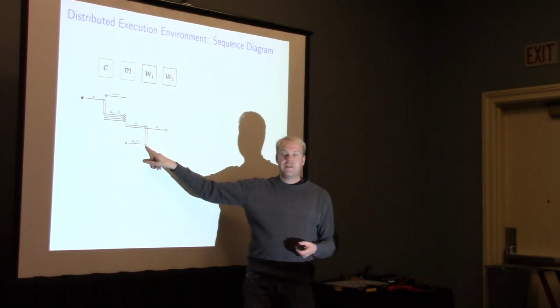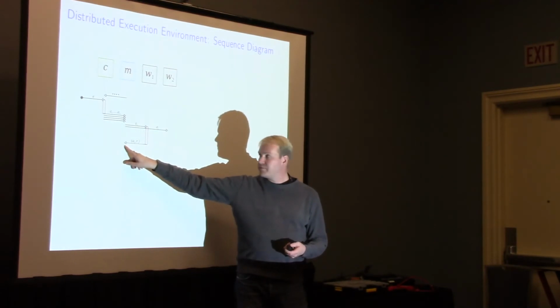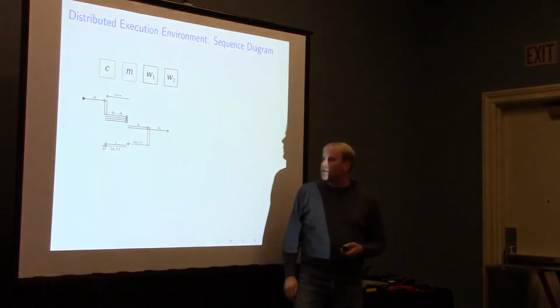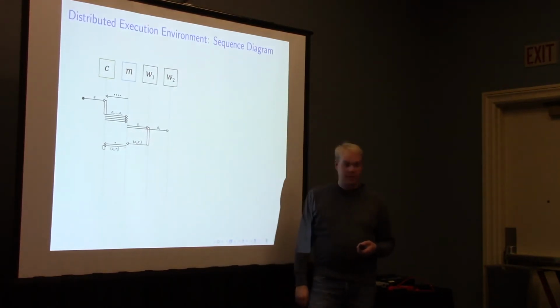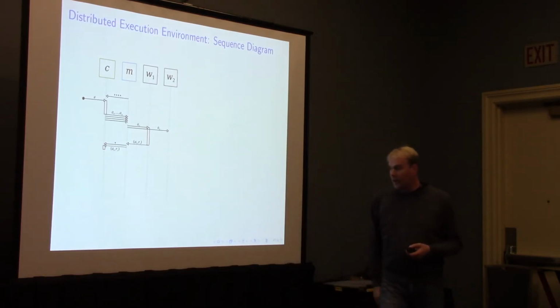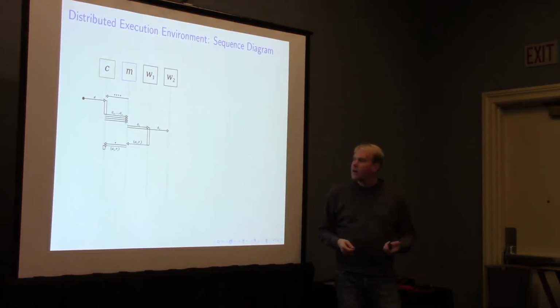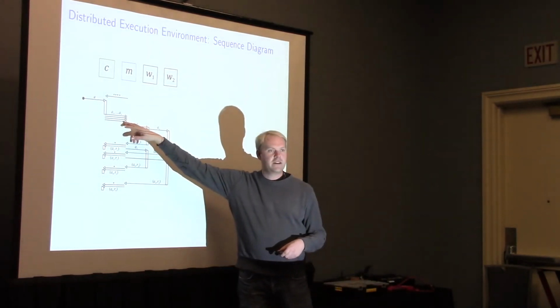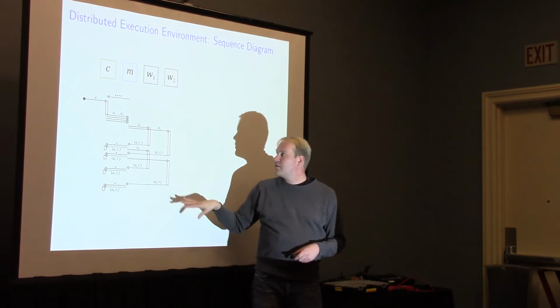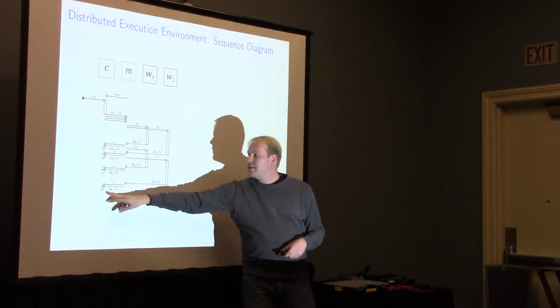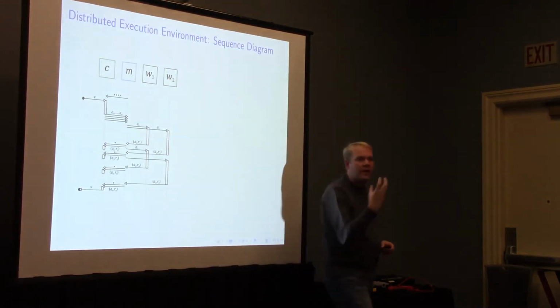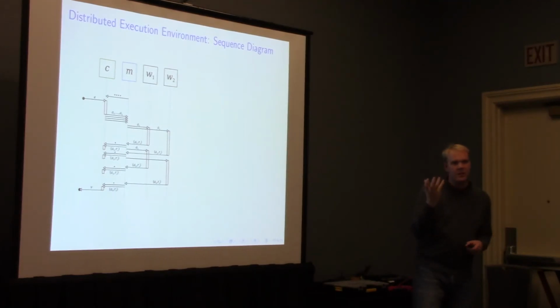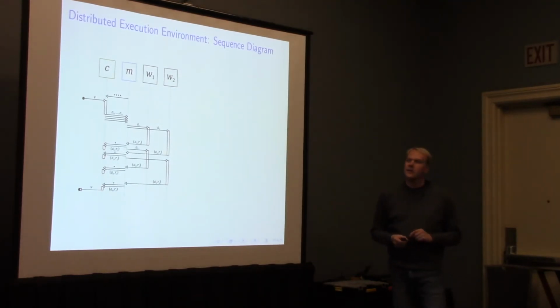Once they finish, they send back the result, and the result goes back to the client. Then the client will do more work, and so all the four applications will be handled in time by both of the workers, and in the end, I return the value that constitutes the result of the computation.